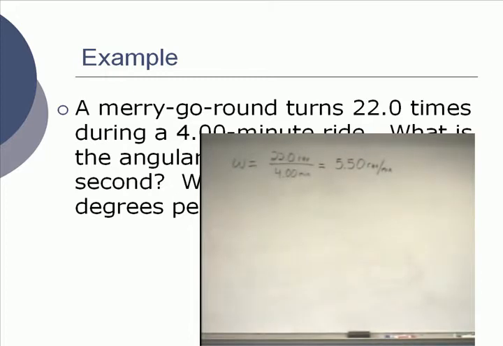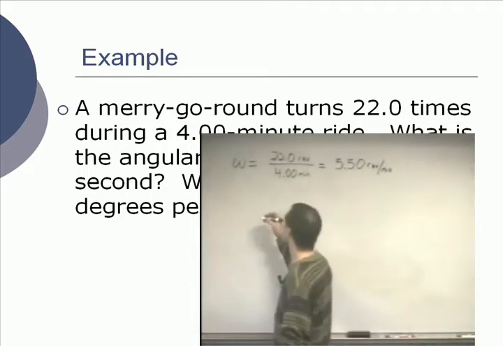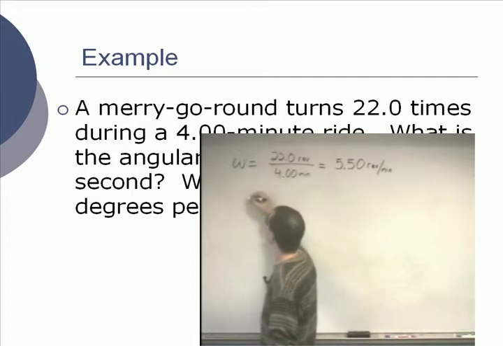Okay, so we found its angular velocity. Now we want it in radians per second and degrees per second.